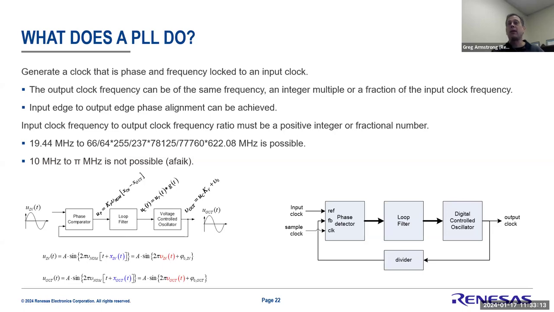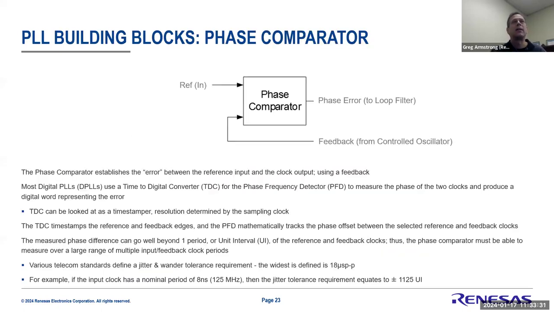If I start going up a hill, or my local clock starts slowing down a bit, it will try to speed up that circuit to keep that 100 kilometers per hour. So it's a very similar concept, and that's why a lot of times you hear servos being used in clocking, because it's a very similar mechanism. I'm not going to spend a lot of time going through the next few slides. There are a little bit more details of each component of the block.